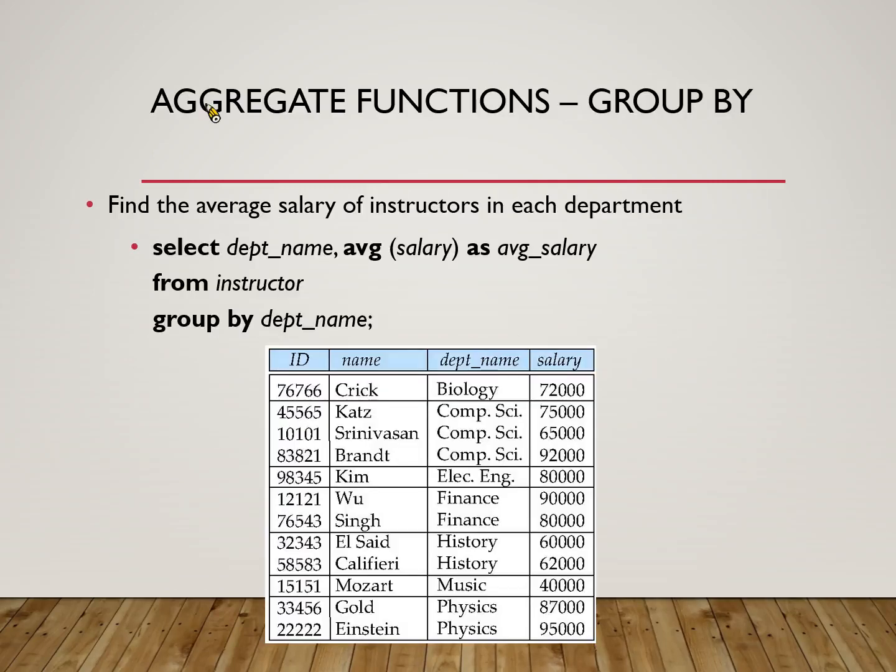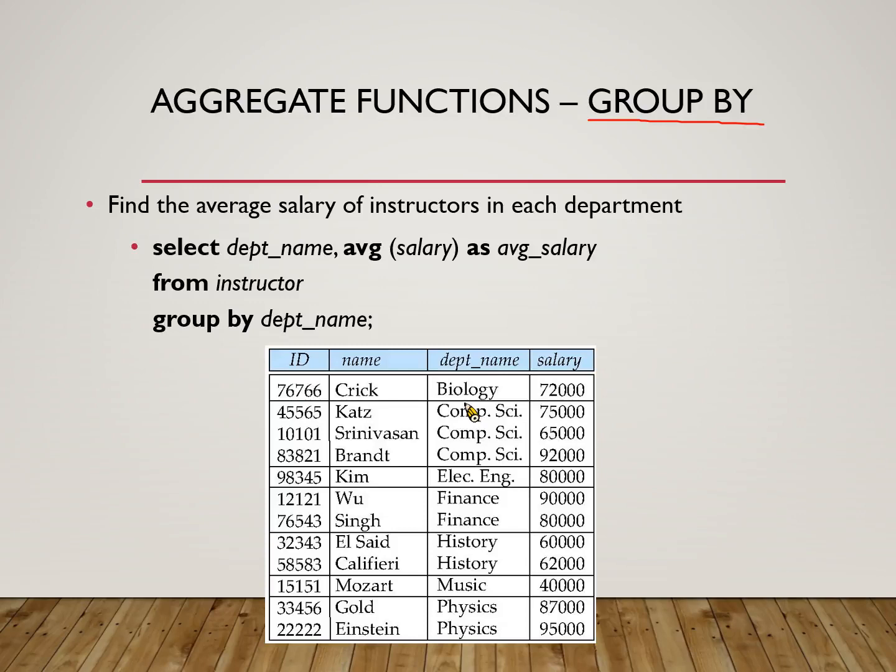And sometimes we have to present the aggregate result from the perspective of groups. And here we can use the group by clause to satisfy this purpose. For example, find the average salary of instructors in each department. In this table, we have instructor ID, name, department name, and the salary. We can arrange instructor data according to department.